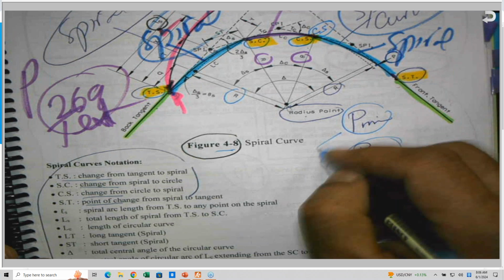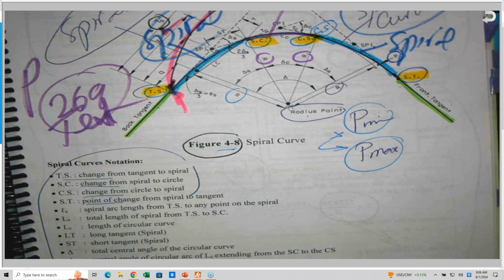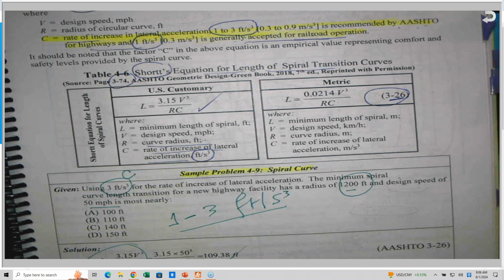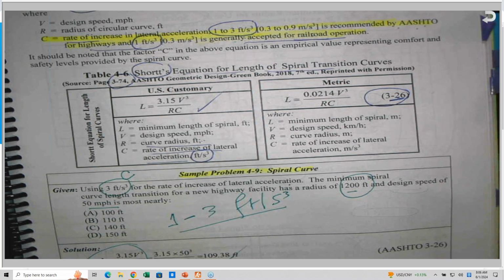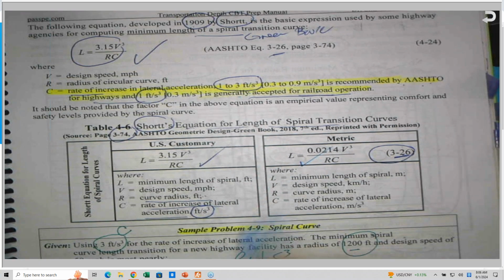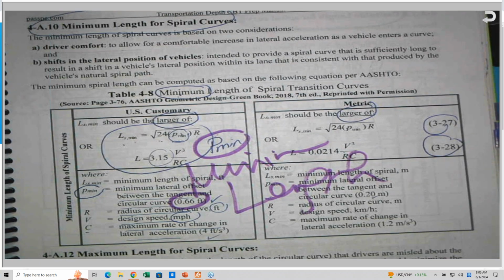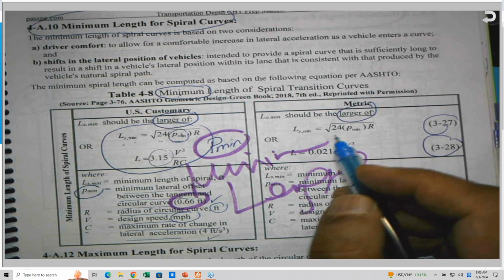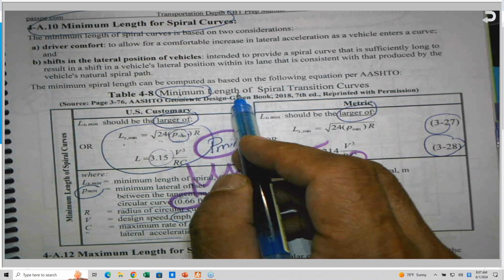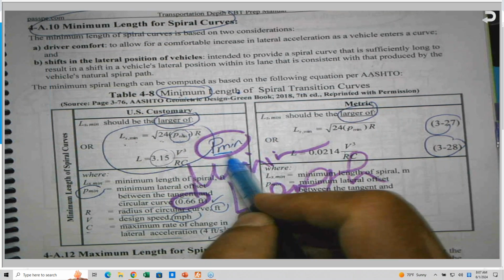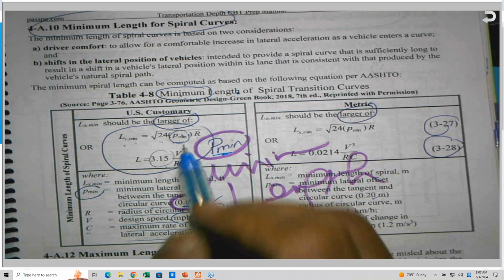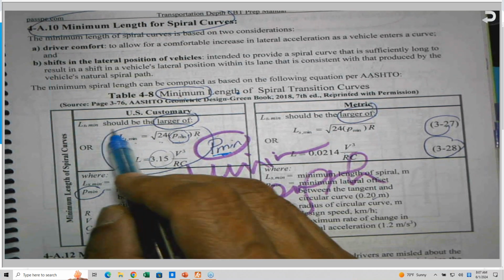I believe one of you asked me about the length of the spiral transition. This is the equation, and there is another way. The minimum length is based on P minimum, and P minimum is 0.66 feet, and we take the larger of these two.